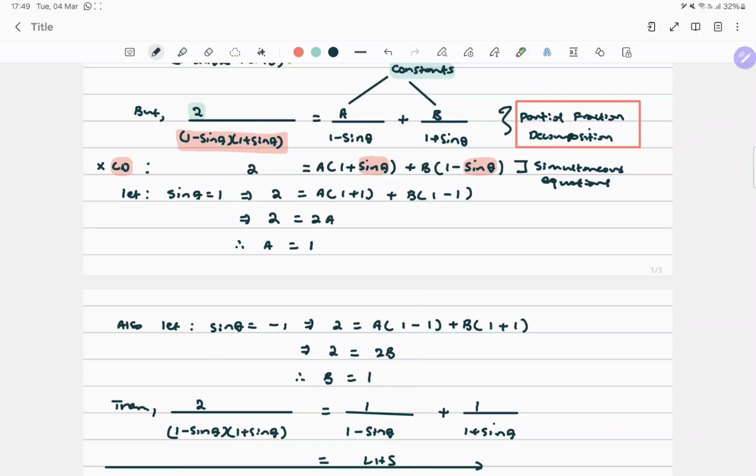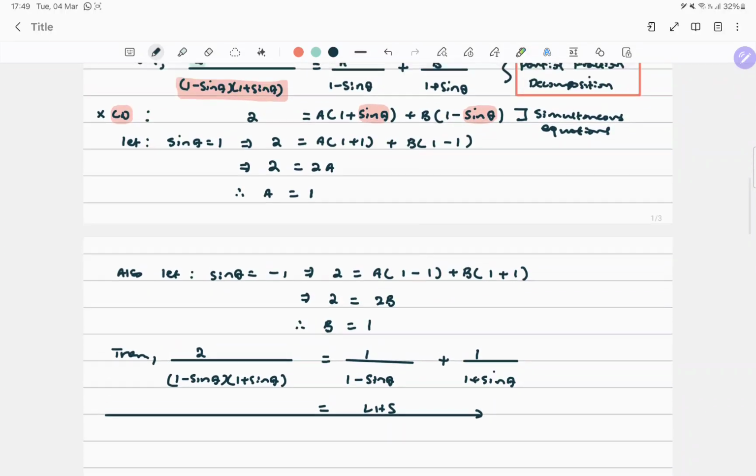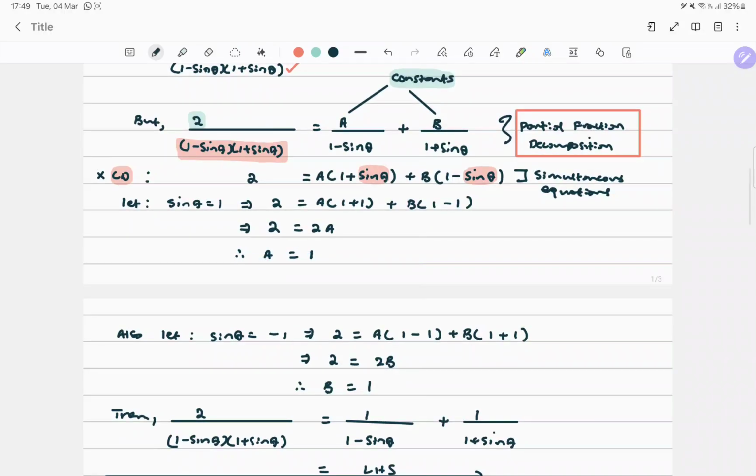Remember, you can choose any value for sine theta, but strategically I didn't want to struggle with a lot. I'll let sine theta be those two values because I'm looking at those brackets. That's the quickest way of solving it.